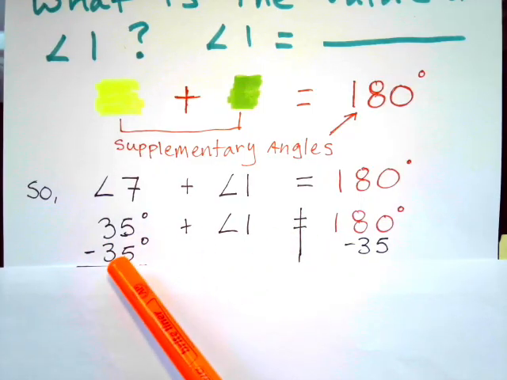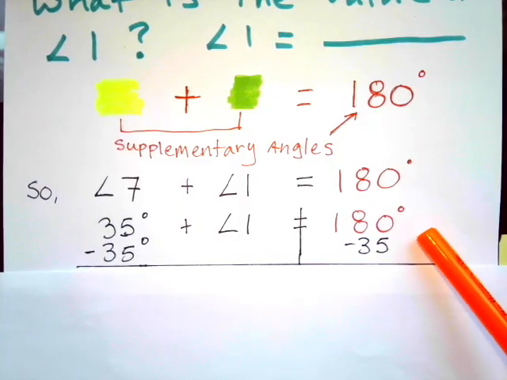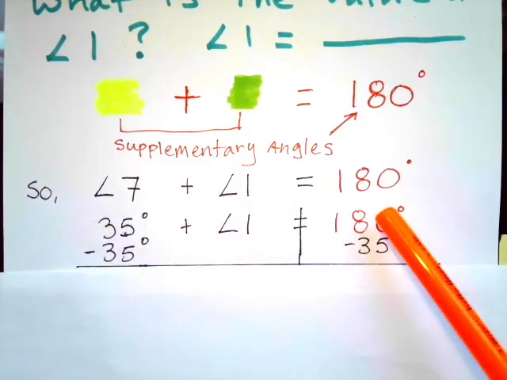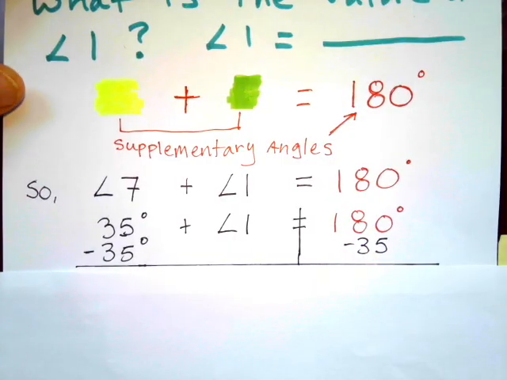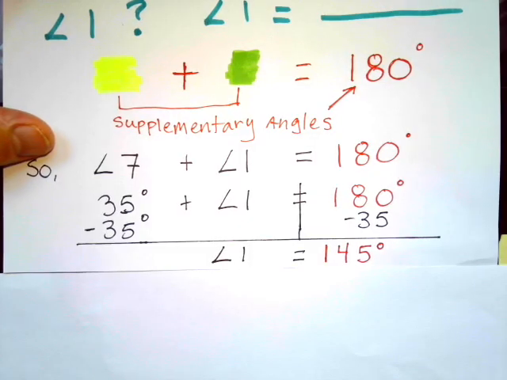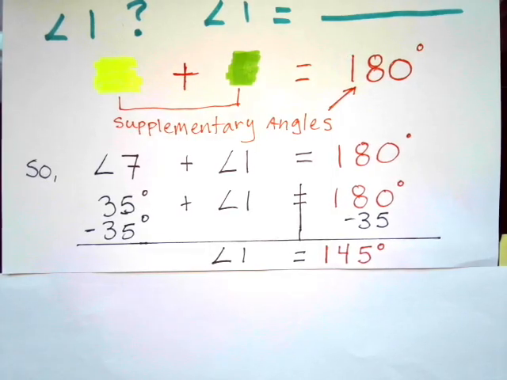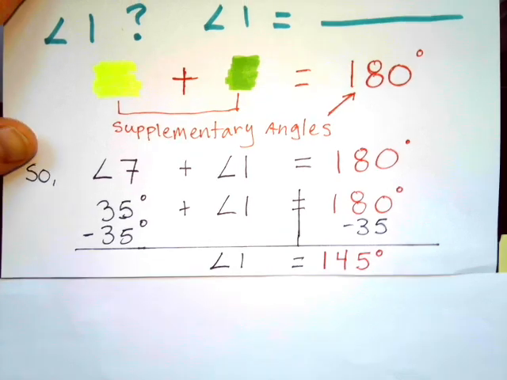But what you do to the left side of the equal sign, you have to do to the right side. So angle 1 is equal to 180 minus 35, which gives you 145 degrees. So angle 8 is equal to 145 degrees.